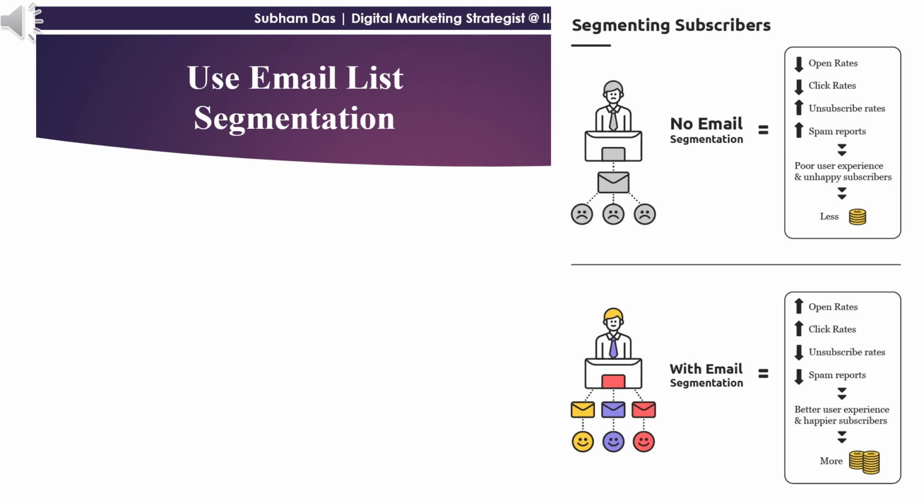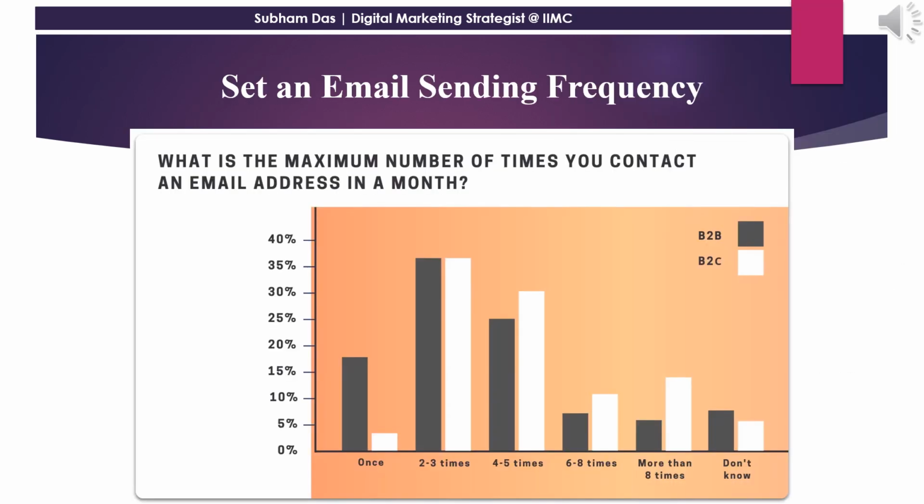Over to next slide. While building an email marketing list, it's very important that you set the email sending frequency. Whether you want to send emails weekly or monthly or daily, you determine that. If you are sending emails very frequently, people might get overwhelmed by that and they might want to unsubscribe.